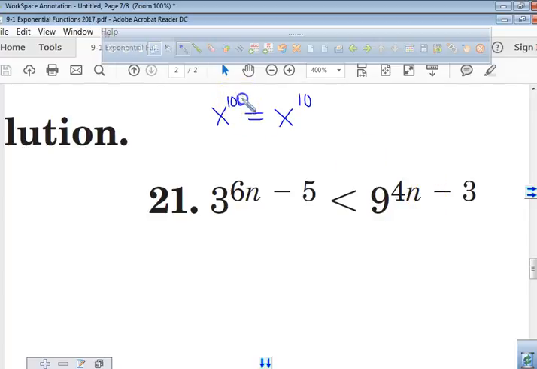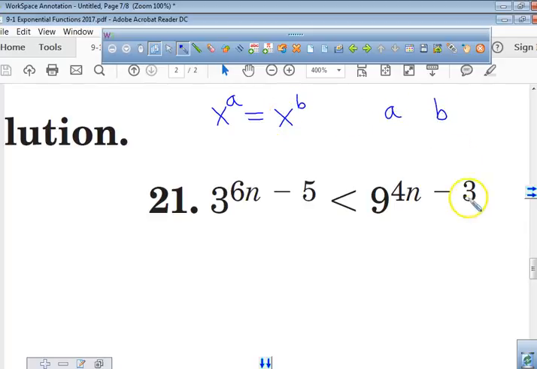If I say this is x to the 100, that would have to be x to the 100, and so on and so forth. Okay? If I said x to the power of a, then this letter would also be a, correct? What if I change things up and say x to the power of a equals x to the power of b?